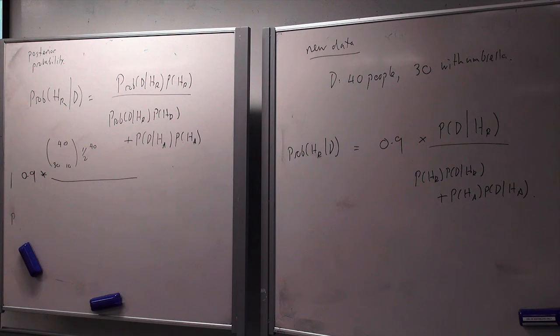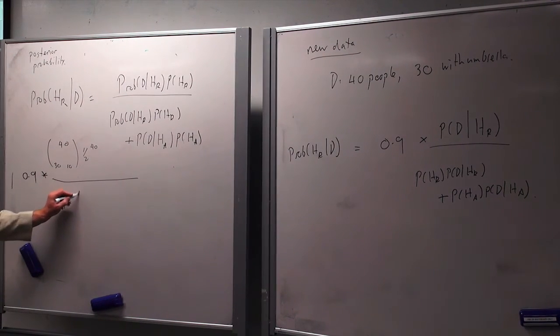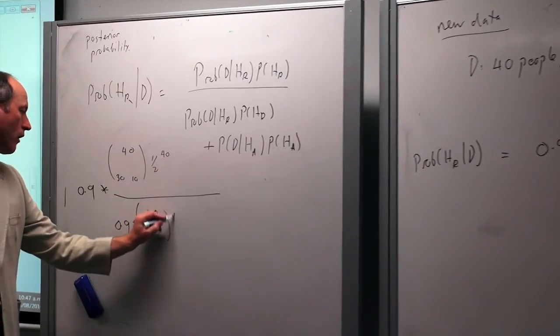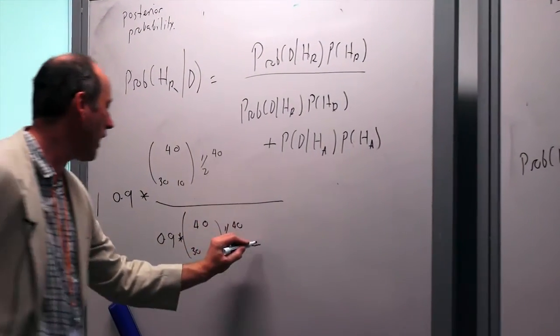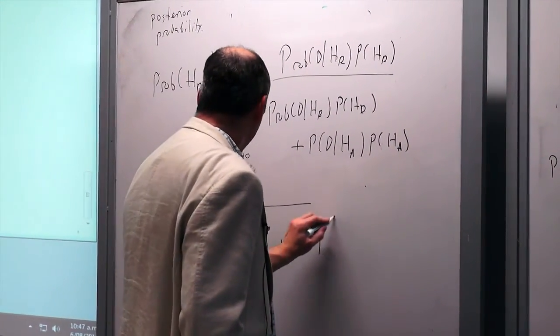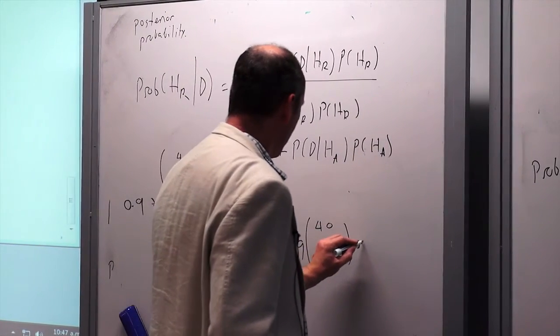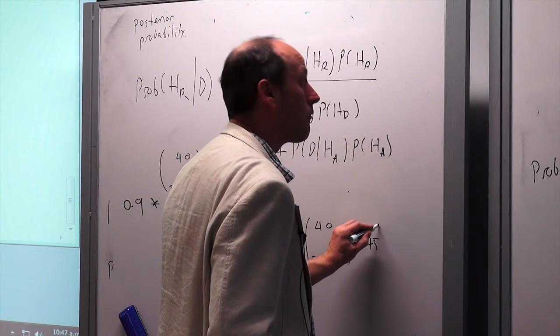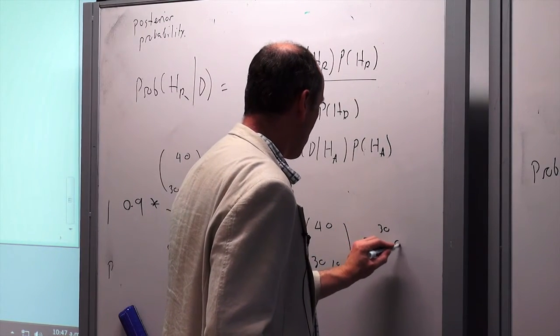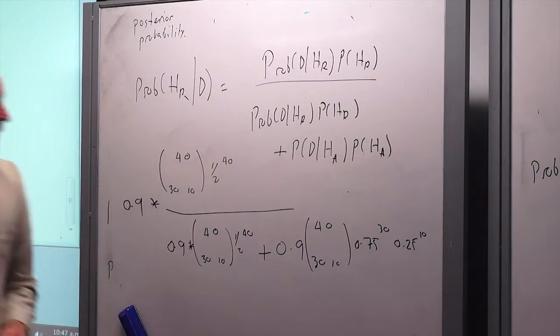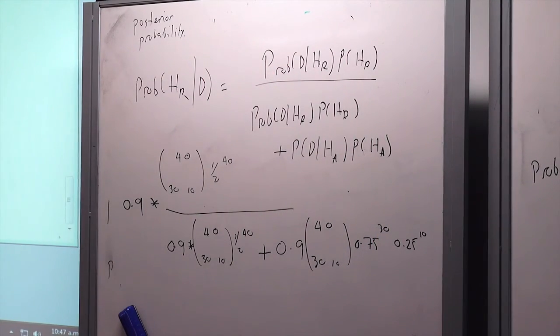That's just the binomial probability, over 0.9 times 40 choose 30 and 10, 1/2 to the power 40, plus 0.9, 40 choose 30 and 10. Do you see what's happening now? I'm just writing out the binomial probabilities.